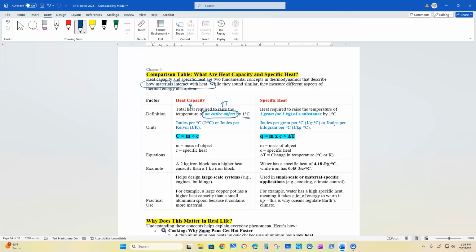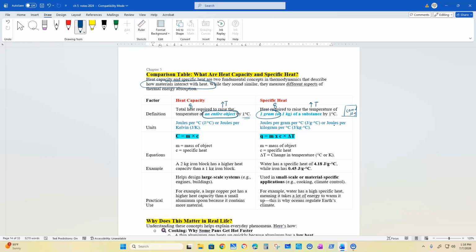Specific heat is the heat required to raise the temperature of just 1 gram of a substance. So maybe that box of cereal, if it's 10 grams, I'm just trying to raise 1 gram. So it's not the whole thing, it's a part of that thing.